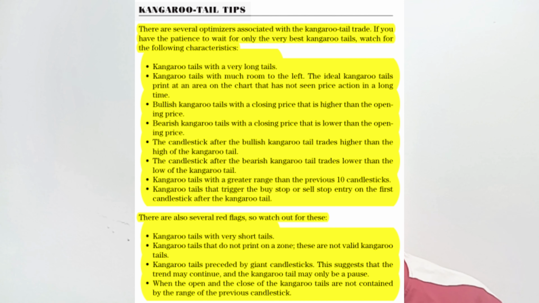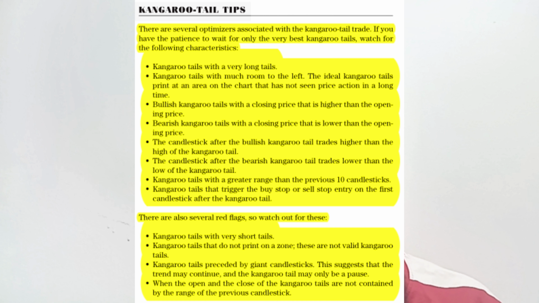If you have the patience to wait only for the very best kangaroo tails, watch for the following characteristics. Kangaroo tails with a very strong long tail. Kangaroo tails with much room to the left.